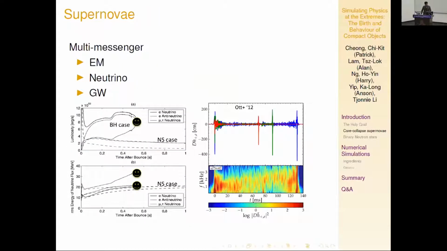At that time the gravitational wave detector was not yet ready, but core-collapse supernova is also one of the predicted sources of gravitational waves. So gravitational waves are expected.